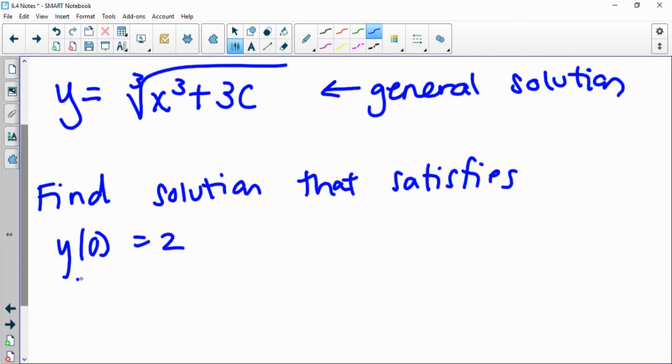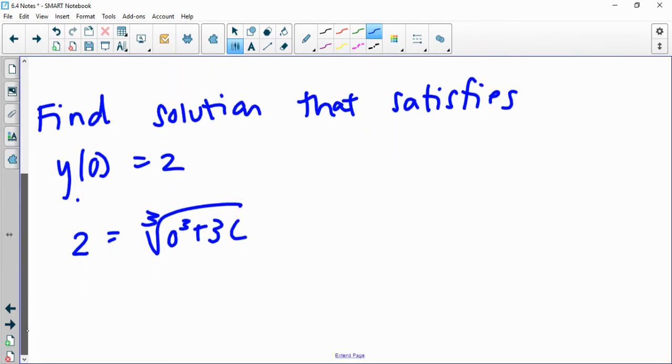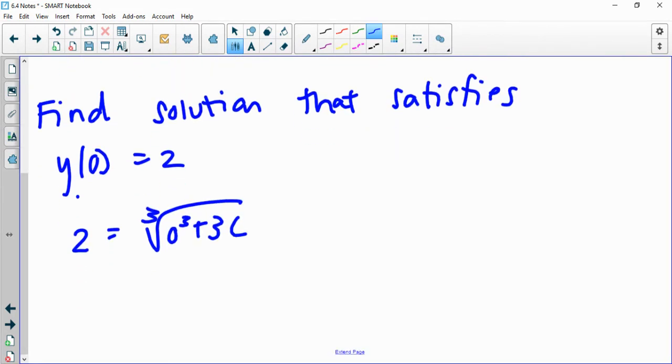So we would have 2 equals the cube root of 0 cubed plus 3c. So we got 2 equals the cube root of 3c. Now we're solving for c. We're trying to find the specific value of c that makes this constraint true.